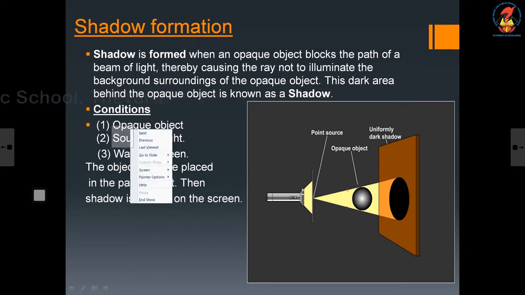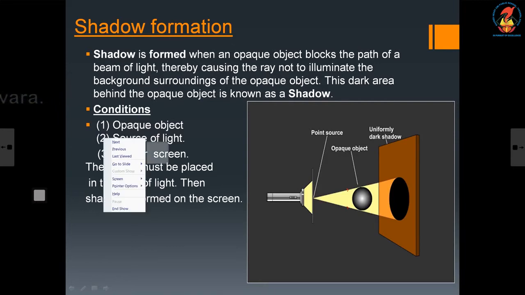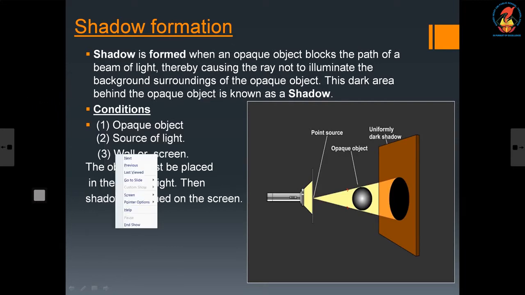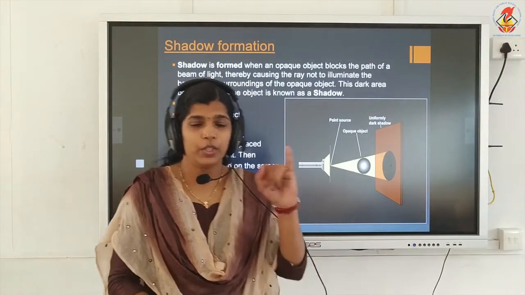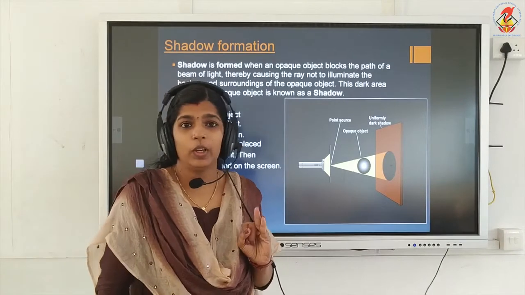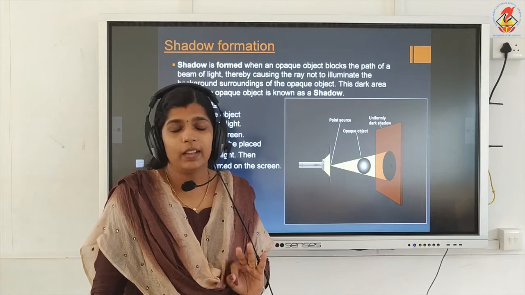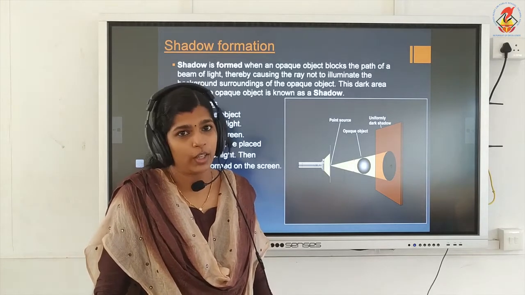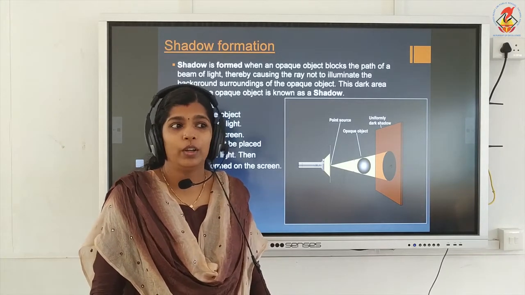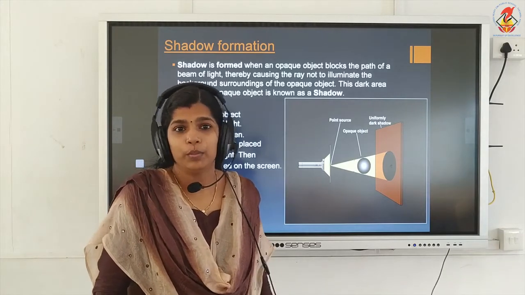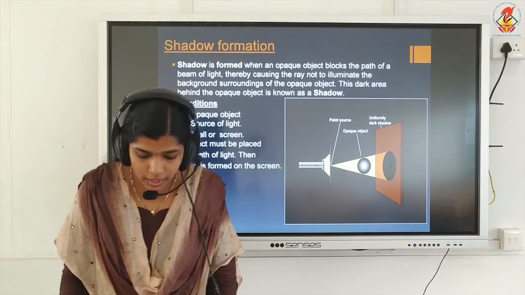Second one, luminous object or a source of light. Third one, a screen on which we can form the shadow, that is a wall or screen, or on the floor we can form shadows.